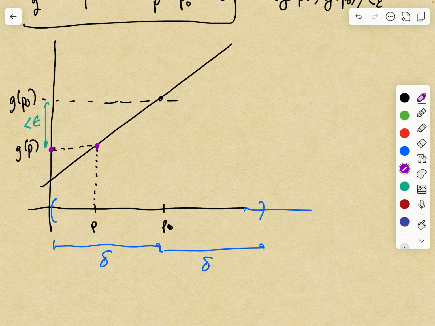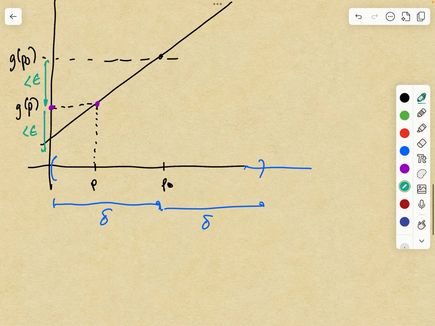So if this is the farthest down f of p could be, it is epsilon less than g of p. So the lowest your f of p could be is like here. That's less than epsilon away from g of p.